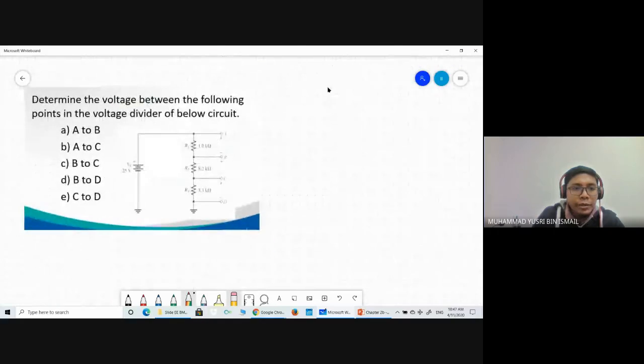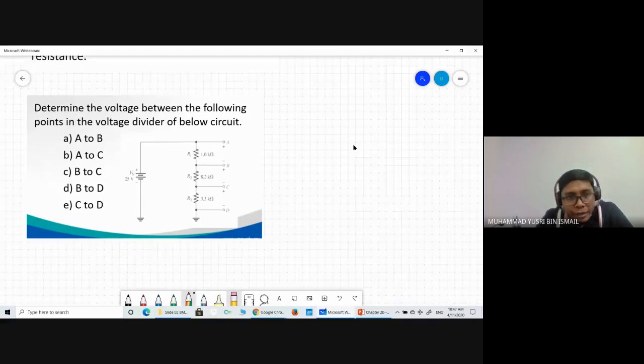So now I want you to solve the voltage between the following points in the voltage divider of the below circuit. You need to calculate the voltage from point A to B, then A to C, then B to C, B to D, and C to D. The voltage supply is 25 volt.